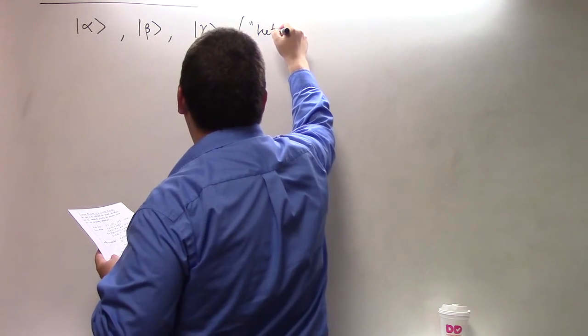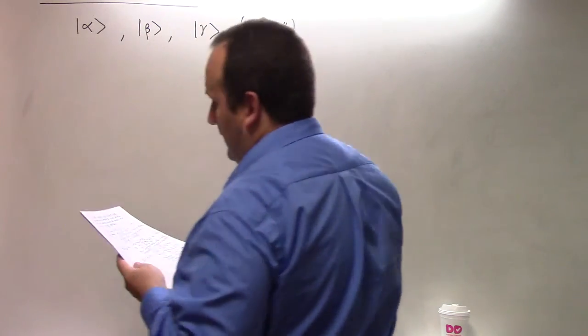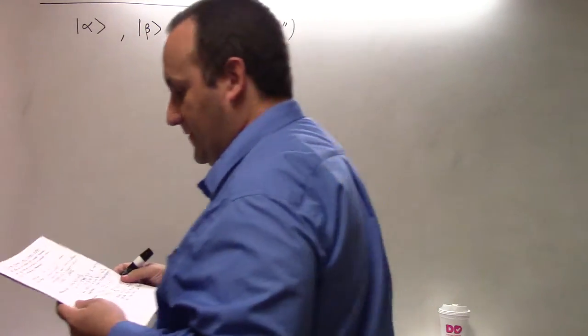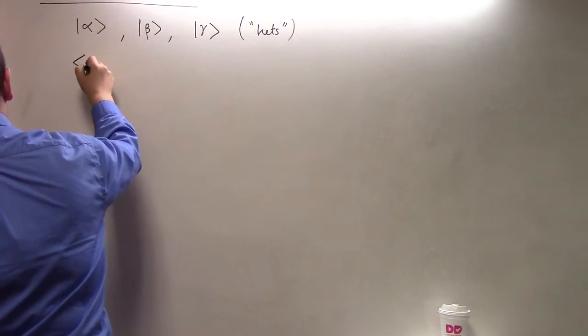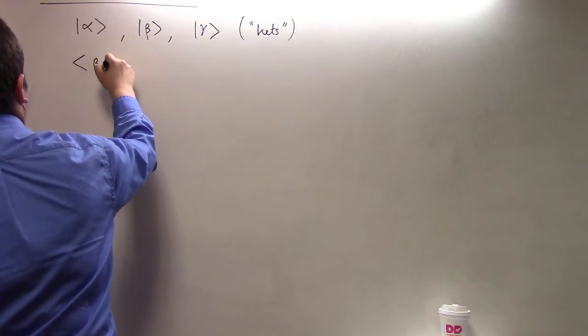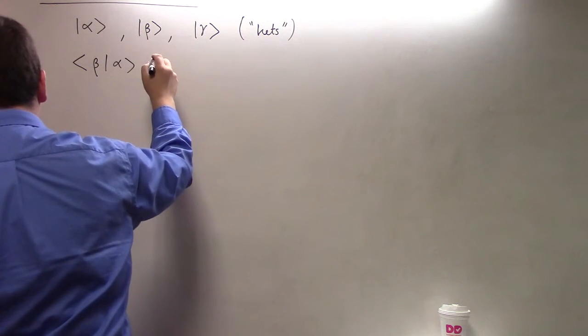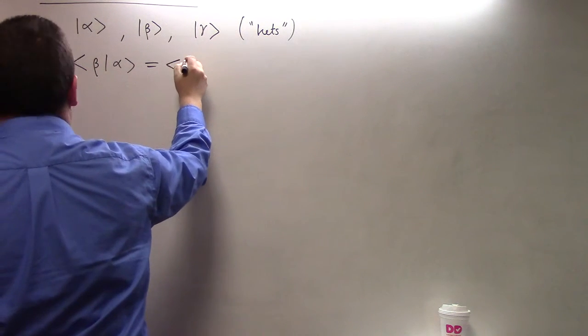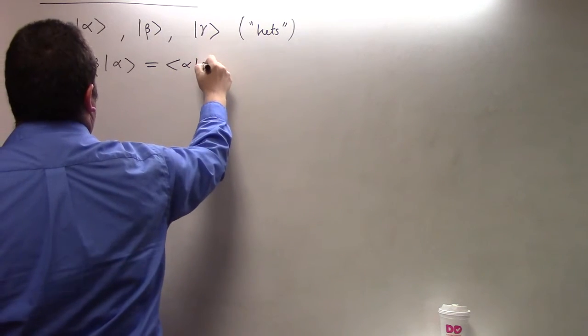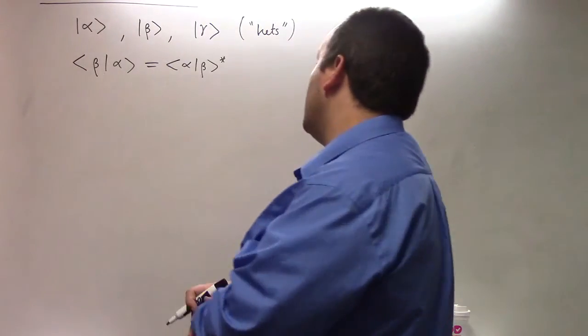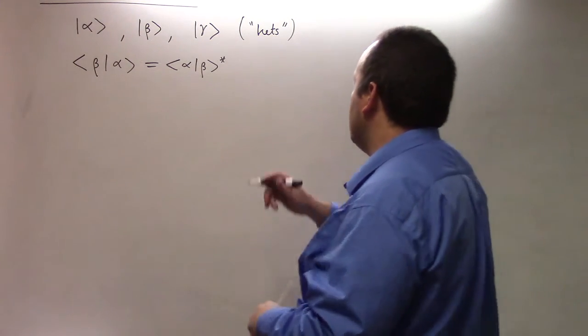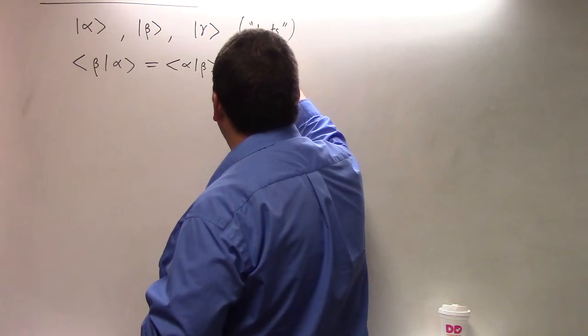This is half of a horrible pun. And then you talk about the inner product. The inner product is something like this: beta, alpha, and it's defined to be such that it's equal to the complex conjugate of alpha beta. This is the property of the inner product. It's a complex inner product.